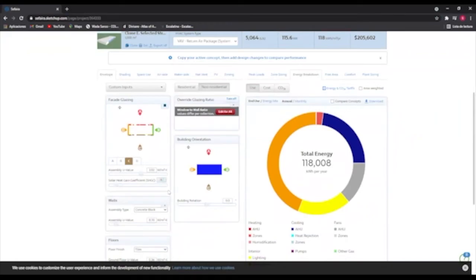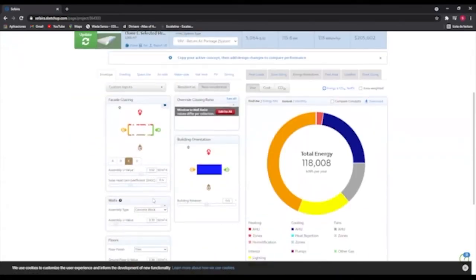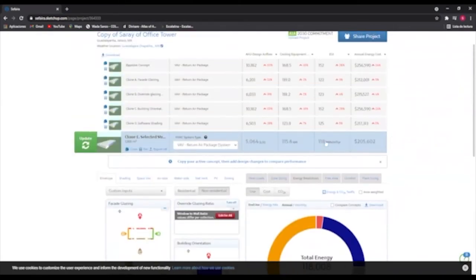So we decided to change it to 0.4 in the solar heat gain coefficient, which is the $20,000 glass, and that was going to make our building cheaper, but it was important to not increase this number too much.